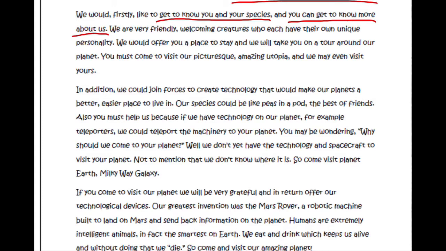We introduce ourselves as very friendly, welcoming creatures who each have their own unique personality. This is another positive trait that we're trying to promote. We would offer you a place to stay and we will take you on a tour around our planet. You must come to visit our picturesque, amazing utopia, and we may even visit yours.